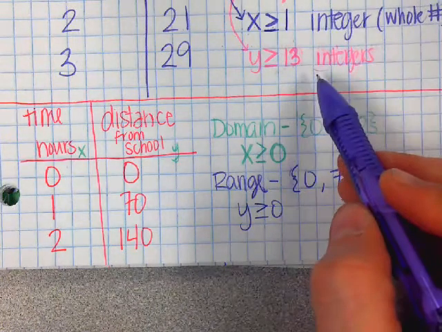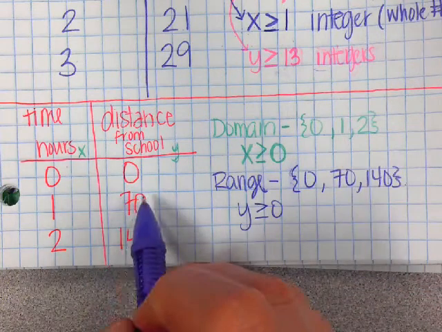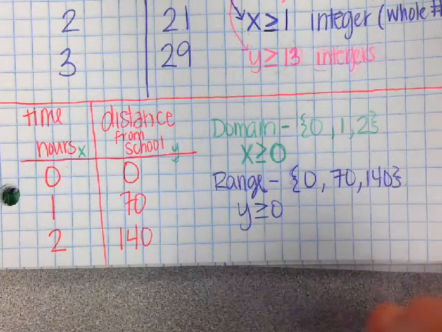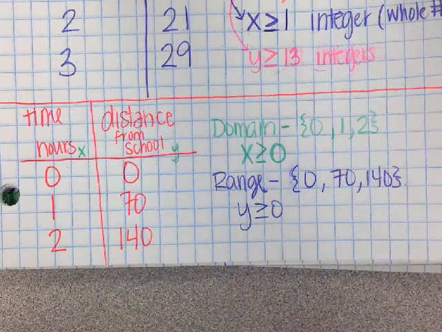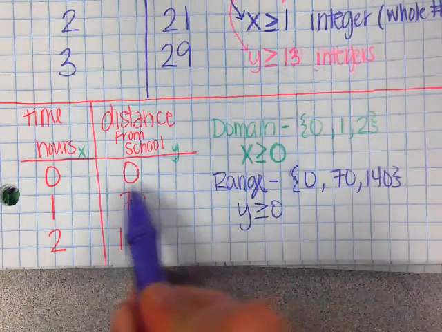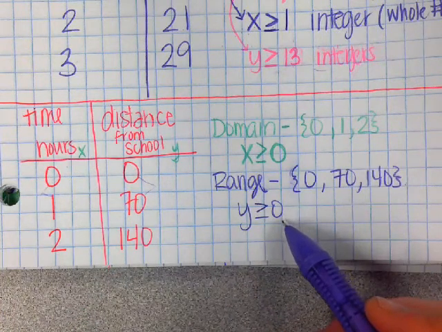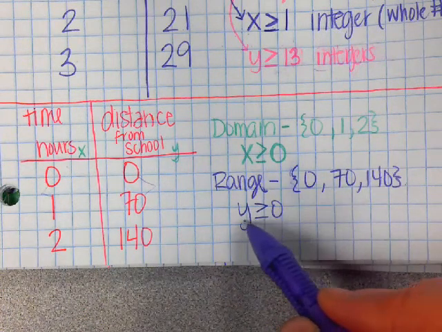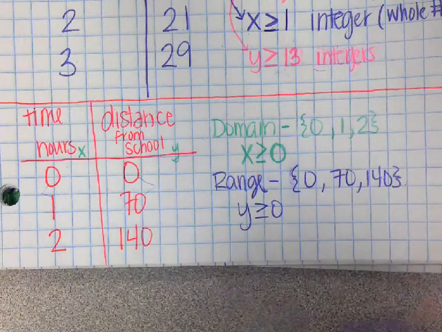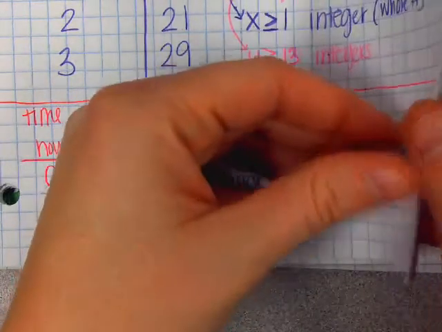And then you have to decide, do you need to put a restriction on this? Can you go 1 mile? Can you go 1.5 miles? Can you go 68.7 miles? Of course you can. So just like time can be in between here, distance can be in between here. So it would be y is greater than or equal to 0.